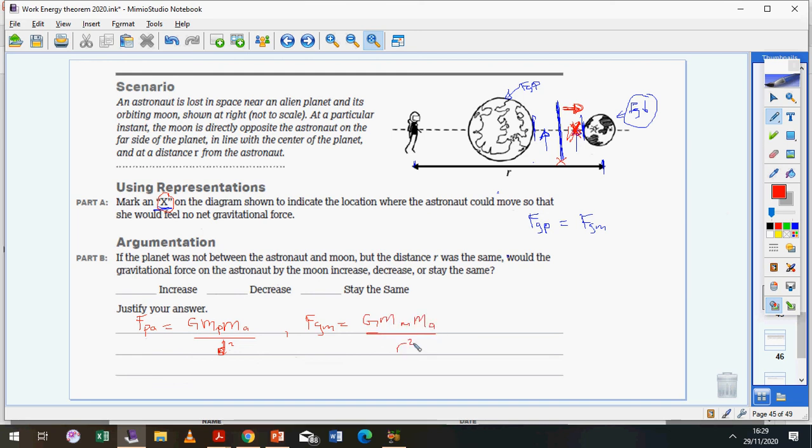So they're asking whether this changes when the planet is removed. Well, this has nothing to do with the planet. There is no mass of planet in this equation, so the force of gravity between the astronaut and the moon is not going to change. It stays the same.